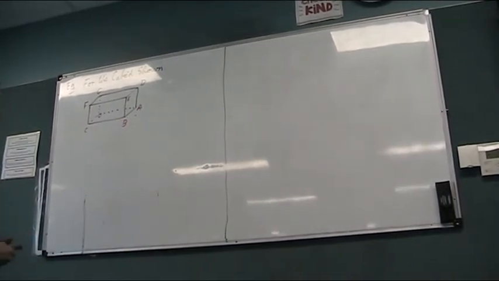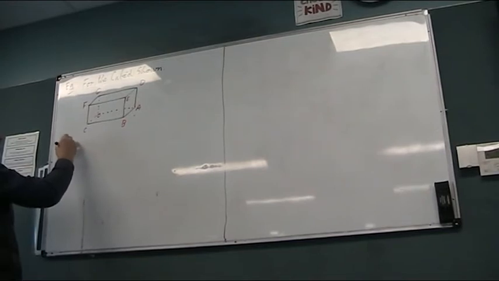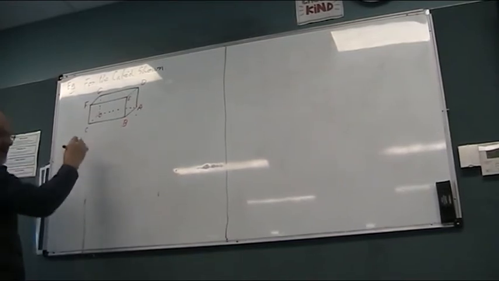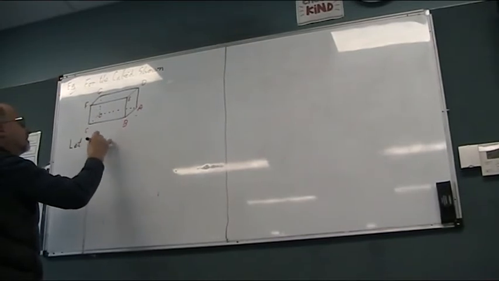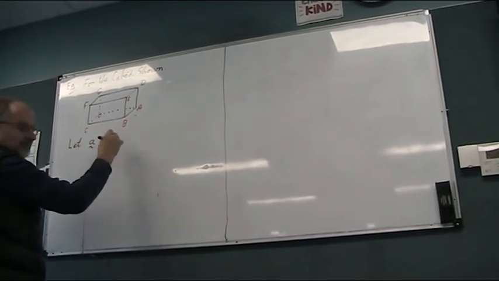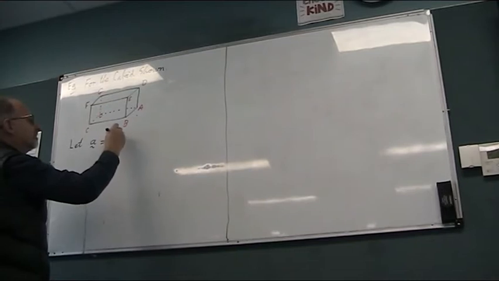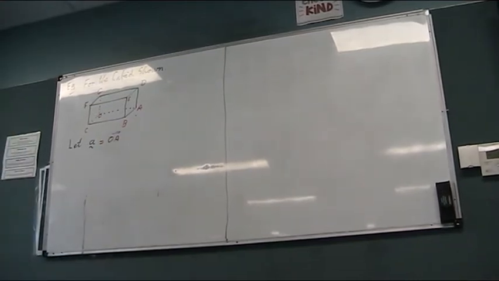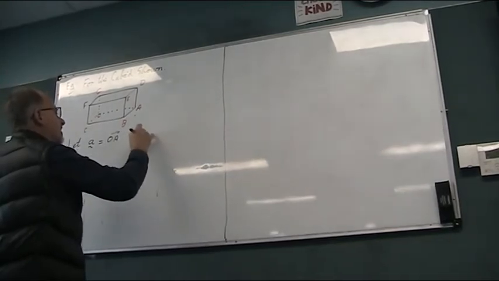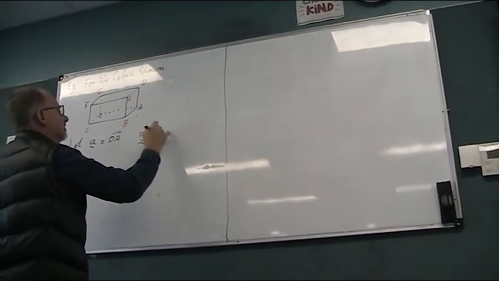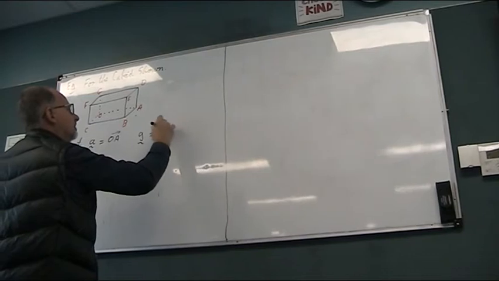All right. So, in terms of vectors, we're going to let vector A equal OA. We're going to let vector G equal OG.